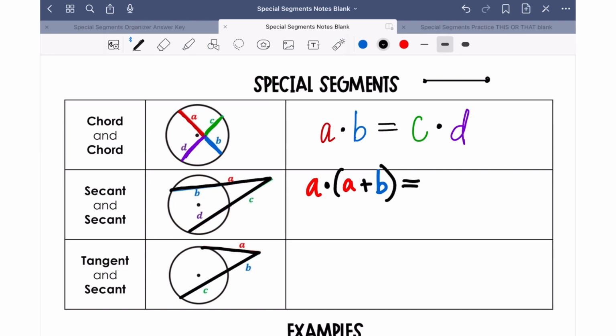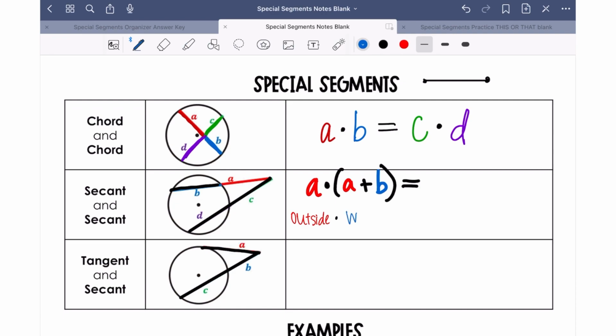So that's talking about one part of the secant line. And we're going to use the words outside. So see how the A is the part that's outside right here? I'm going to say it's going to be outside times the whole segment. Because if you look at it, A plus B is the whole segment.